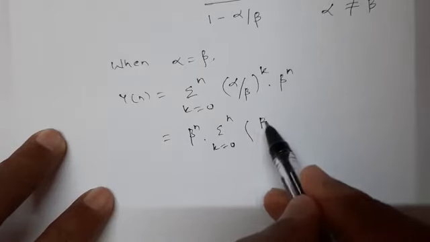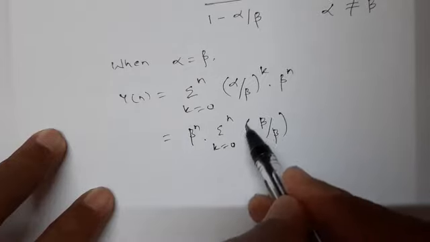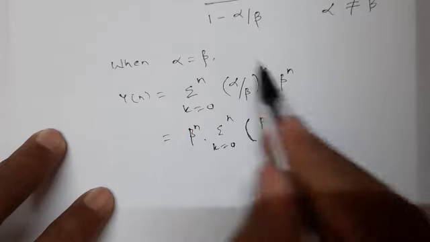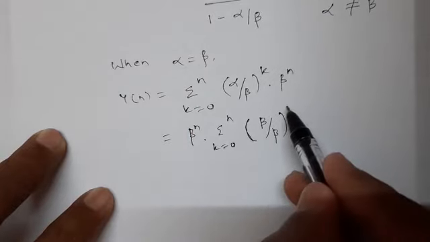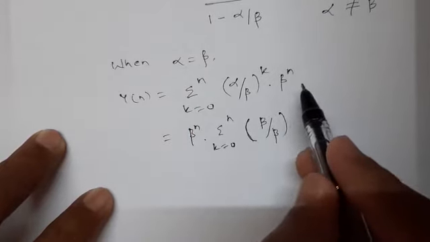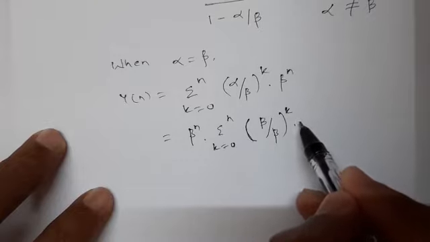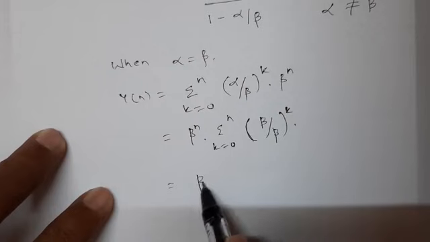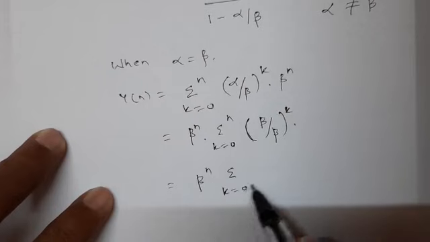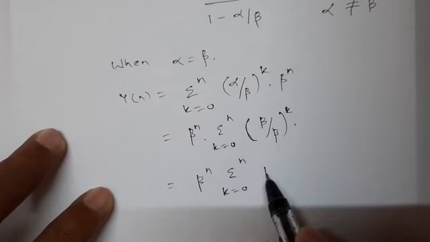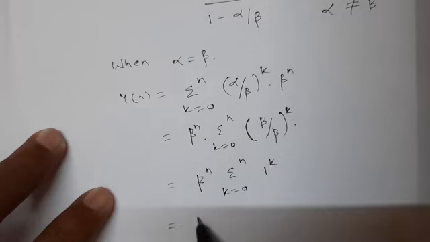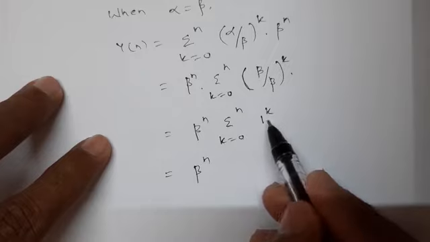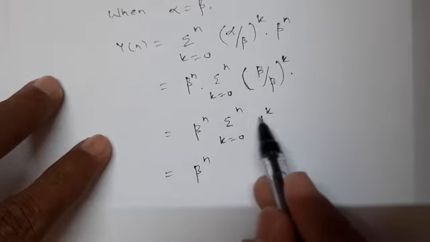So I can have beta by beta, or alpha by alpha, and these are taken out. So I have beta to the power n summation k equal to 0 to n, beta by beta is 1, 1 to the power k, which is beta to the power n summation k equal to 0 to n of 1.